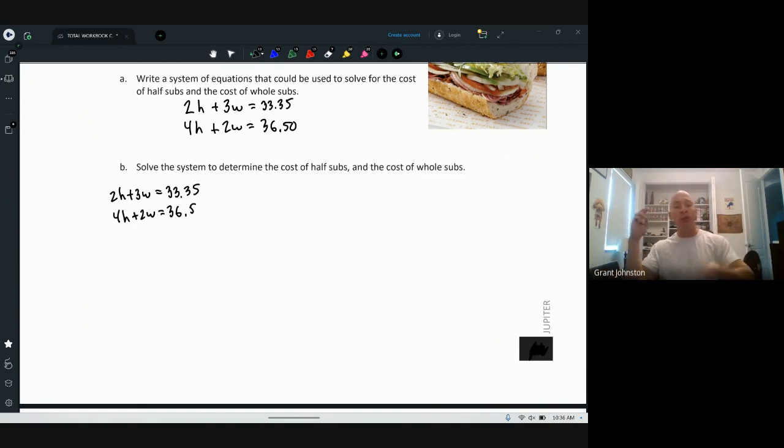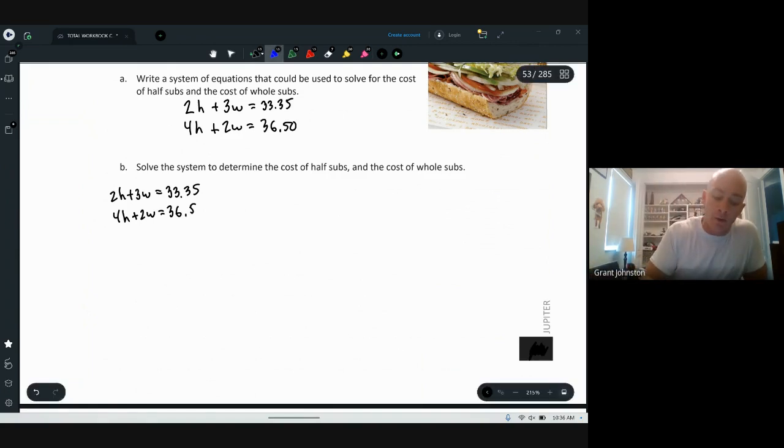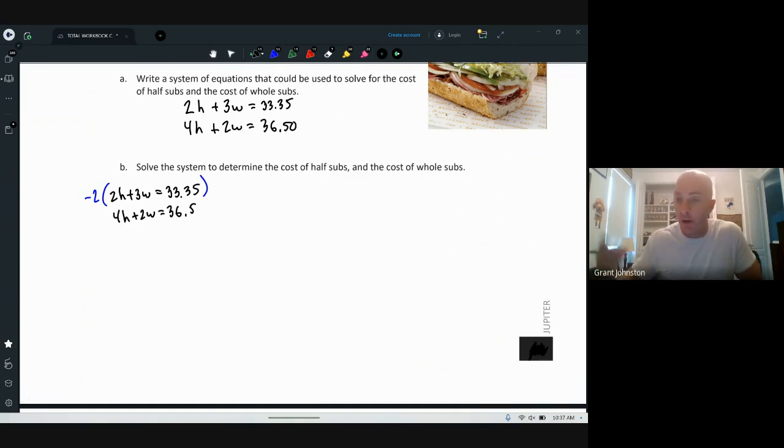So I'm going to have to use elimination. So I need to eliminate one of the variables. I could eliminate the W's by getting one of them to -6, the other one to +6. But honestly, I think it's going to be easier just to eliminate H because I would only have to manipulate one of the equations. All I'd have to do is multiply this one by -2, and then that would give me -4H, and then I can eliminate the H's.